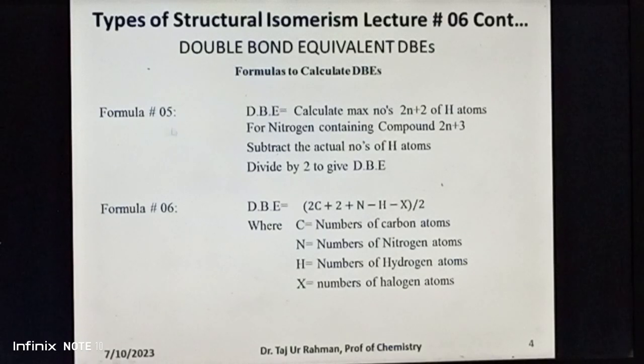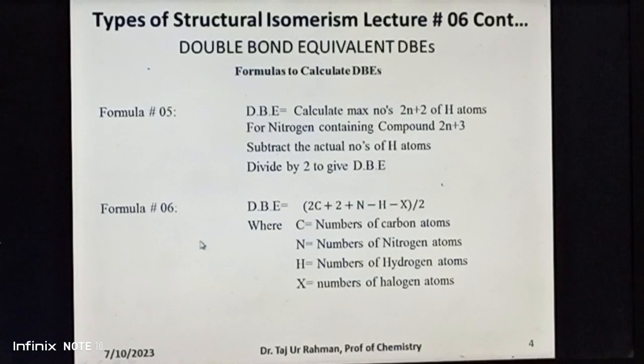So first we calculate the total number of hydrogen atoms by putting the value of carbon atoms in these formulas, and then this total is subtracted from the number of hydrogen atoms given in the molecular formula. The value obtained is then divided by 2 to get the DBE value for the given molecular formula of an organic compound.